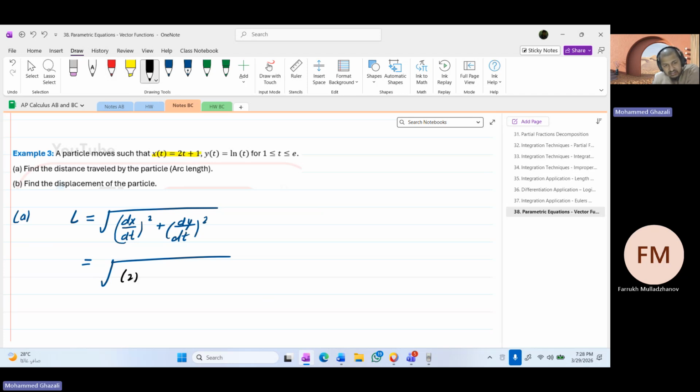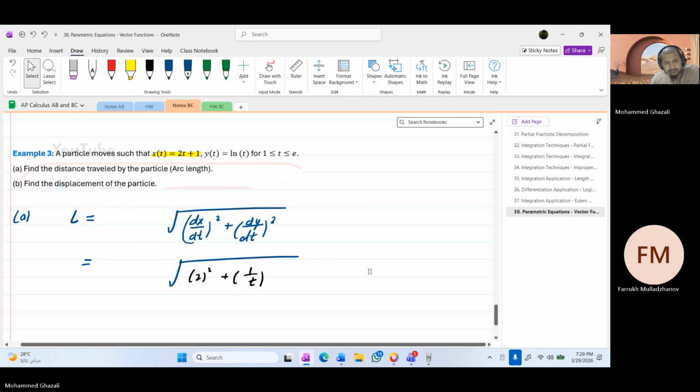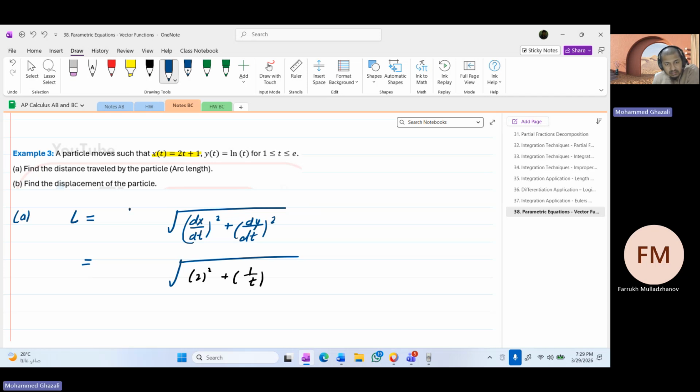Easy, right? That's just 2 squared plus, what's the derivative of ln t? 1 over t. Don't forget the integral. That's just the integrand. The integral is from a to b. What is a to b? From 1 to e. Okay?